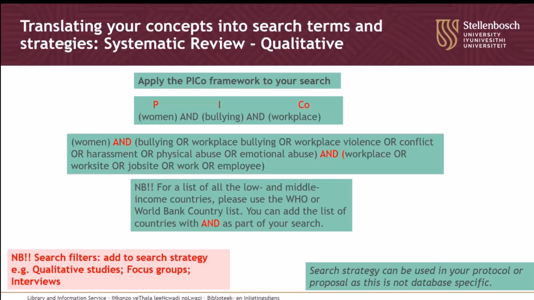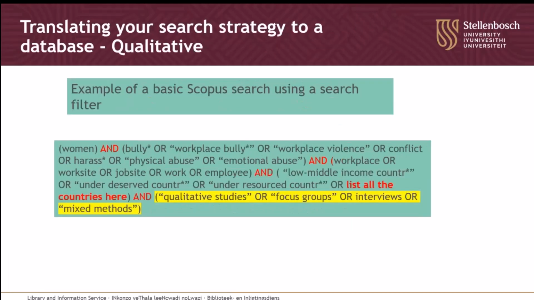Then we can do the same general search, and you can narrow it down to qualitative studies, focus groups, or interviews. Again, this is just a general search that you can use. Right, so it's a qualitative study search that you can use in Scopus.